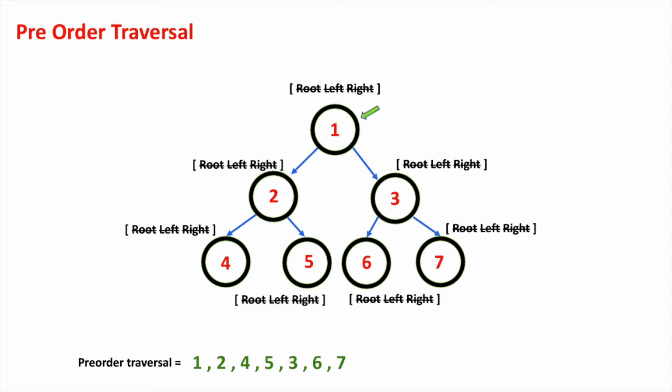So here you can see that at the end we have covered all the nodes of the tree and we have successfully completed the pre-order traversal of the binary tree. So this is the approach by which you need to solve the pre-order traversal of a tree.